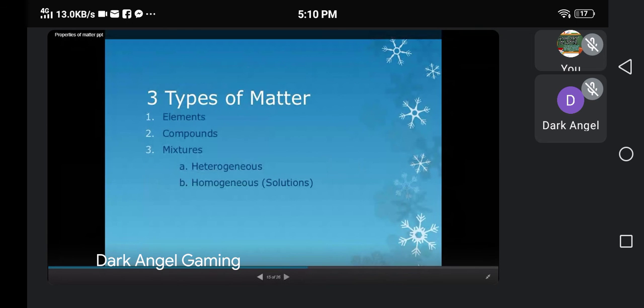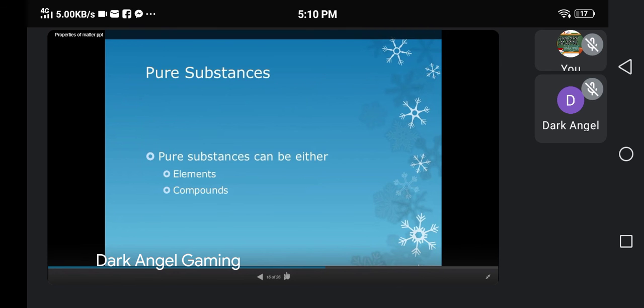So 3 types of matter. Number 1 is element, compound, and mixture. So the mixture is heterogeneous and homogeneous, or solutions. Pure substances can be either elements or compounds.